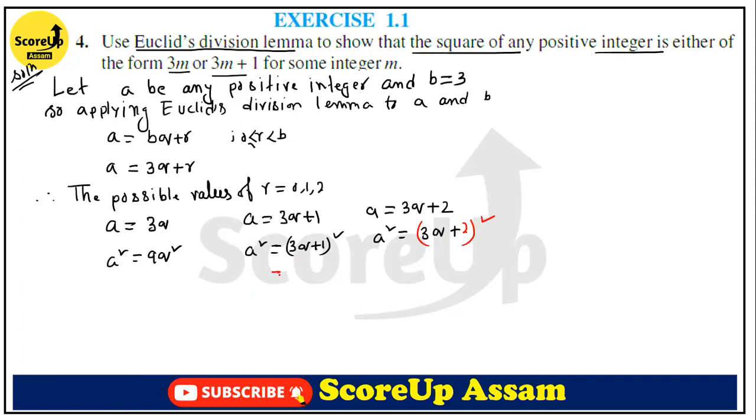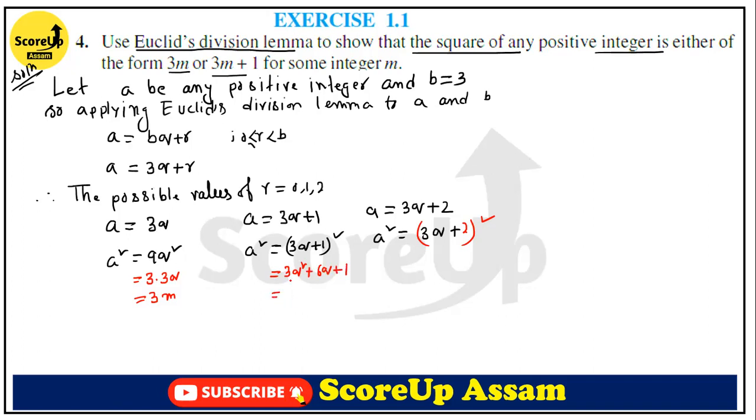Now let's break it. We can write this as 3 into 3q, where 3q squared is our m, plus 6q plus 1.